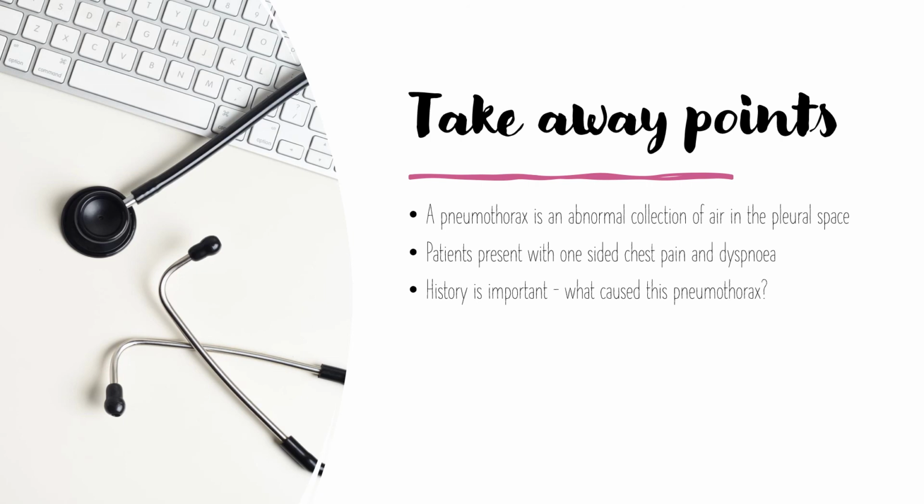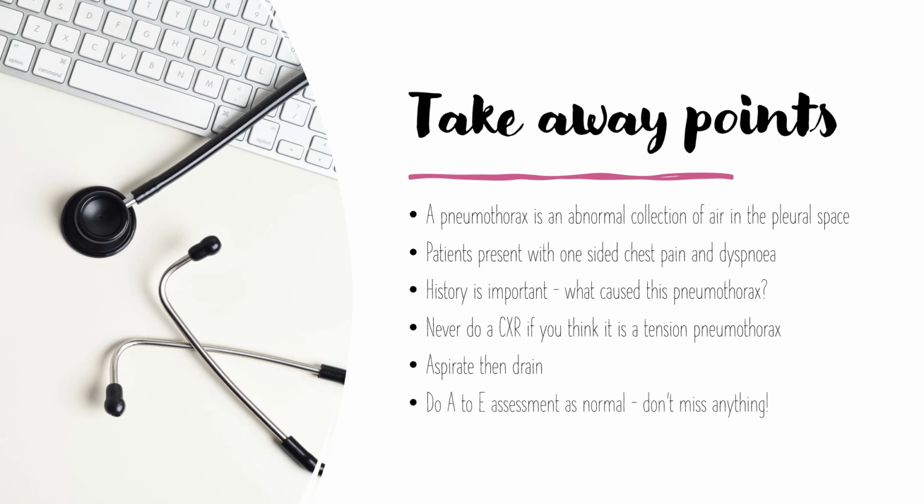Is there an underlying disease? You should never do a chest x-ray if you think it's a tension pneumothorax, because this is a medical emergency. The first line of treatment is aspiration and then draining. As usual, we do an A to E assessment for everything. Do not miss anything. And if it reoccurs, consider pleurodesis.